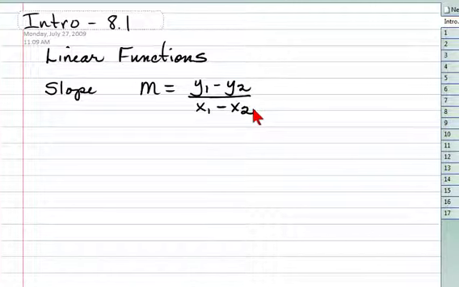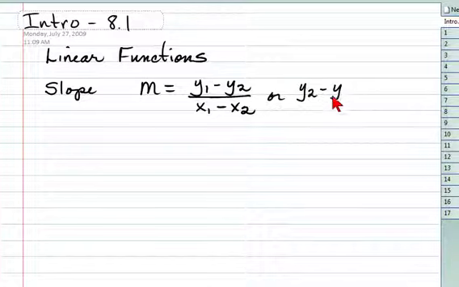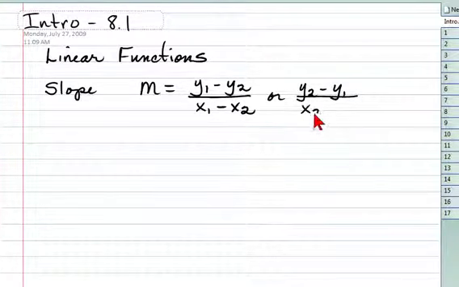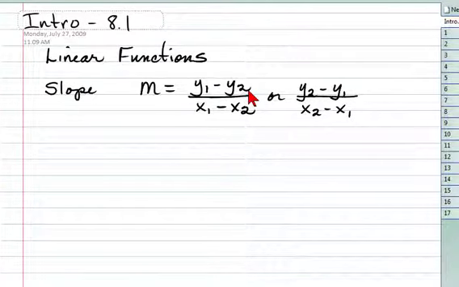Or at least that's the version I use. In MATLAB, you will find that they will use y2 minus y1 over x2 minus x1, and it makes no difference whatsoever. I just have this personal preference for one coming before two. So that's the way I do it.